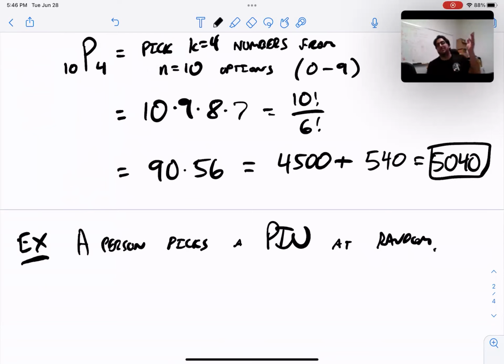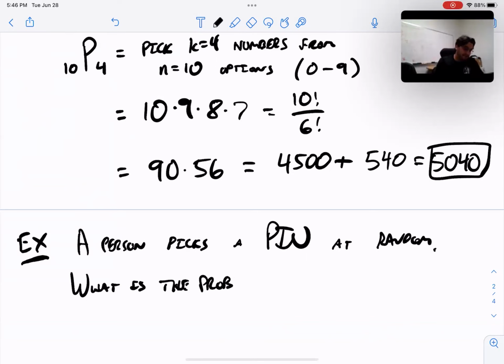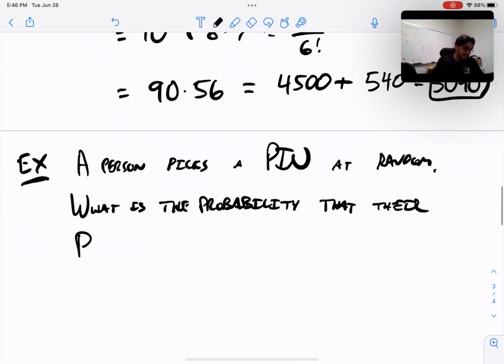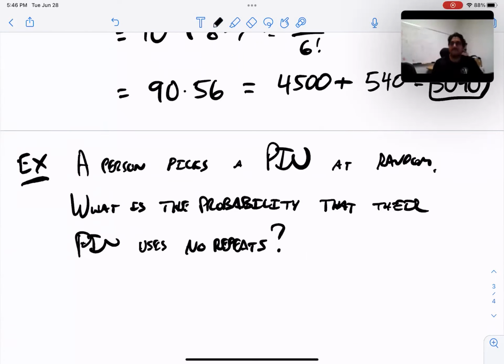Maybe they use a random number generator to spit out 4 numbers in a row. Then you can ask, what is the probability that their PIN uses no repeats?